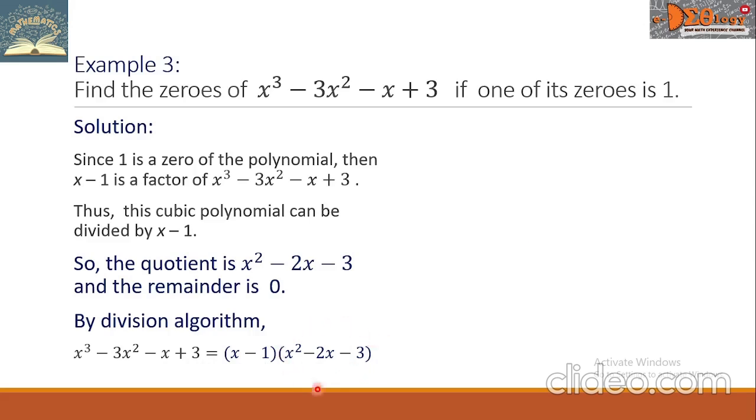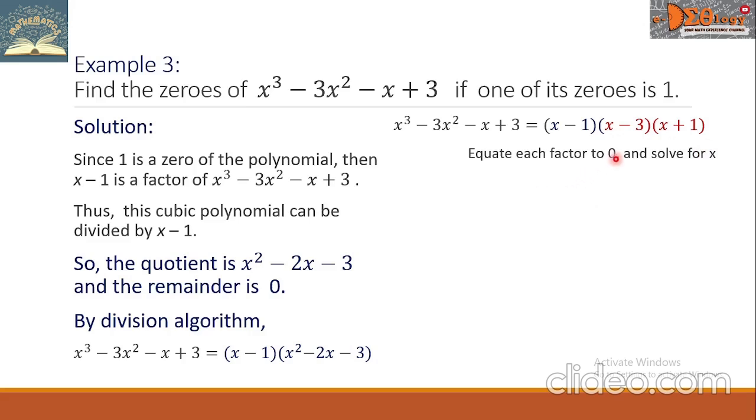Next is, let us factorize the trinomial here, and the answer we will get and write here. So the dividend is equal to x minus 1 times the factors of x squared minus 2x minus 3, which are x minus 3 and x plus 1. We equate each factor to 0 and solve for x.